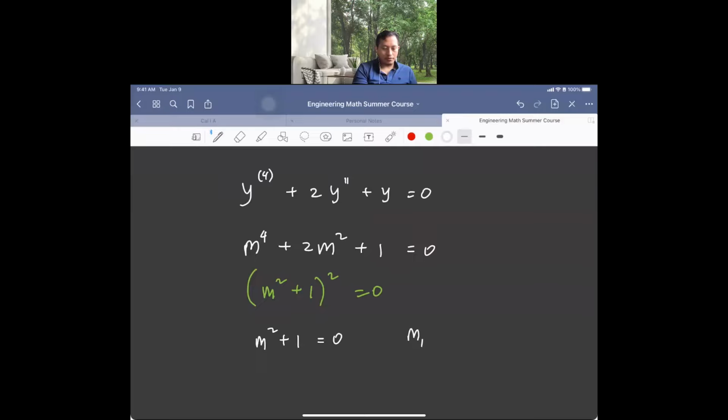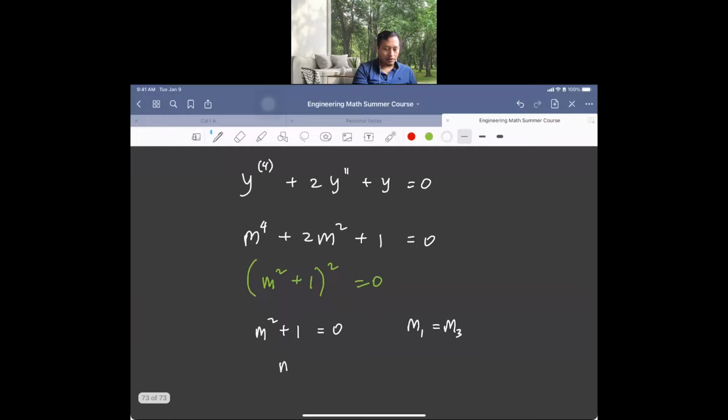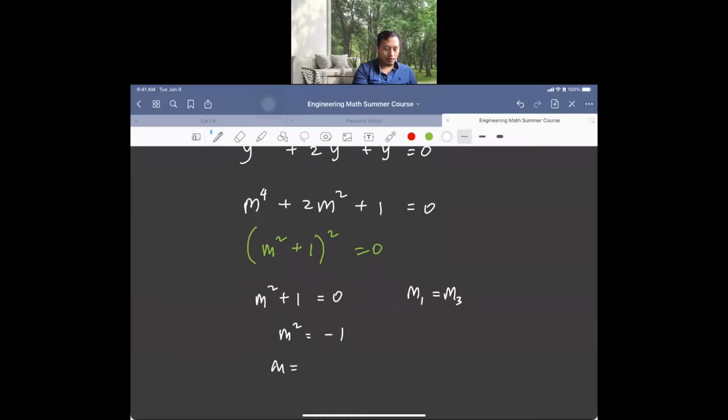So let's say we have multiplicity for m1 and m3. Let's say this is becoming -1, right? So m is plus minus square root of i. So the first one is positive, for example. The second one that has multiplicity is the -1.